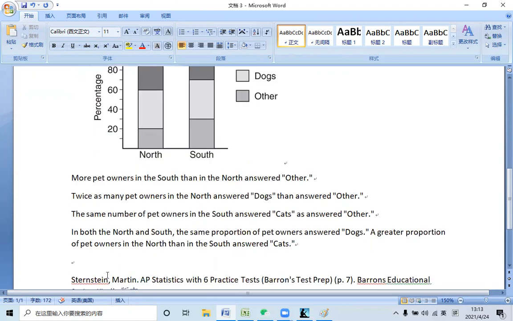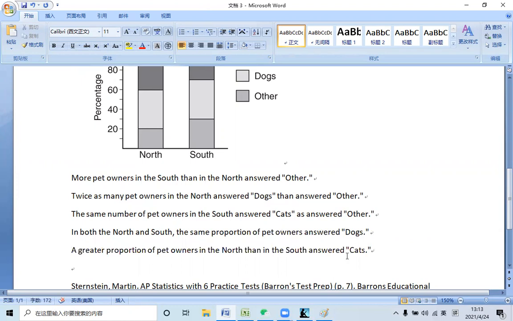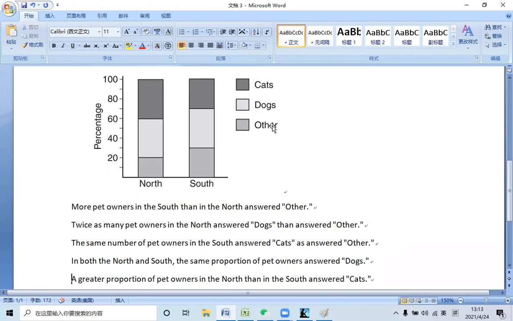We don't choose this one. In both north and south, the same proportion of pet owners answered dog. That is the case. So we are comparing south and north dogs. Are these two proportions the same? Yeah, they are roughly the same.